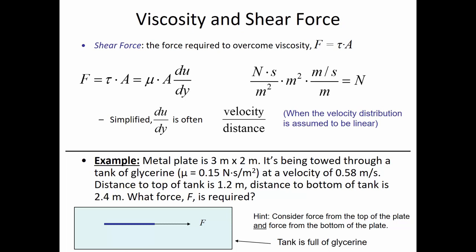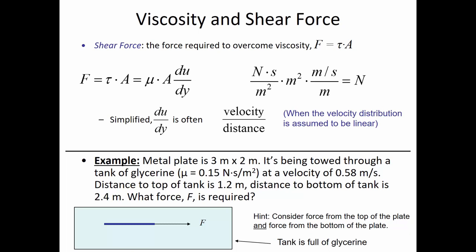The viscosity of the glycerin we're given is 0.15 Newton seconds per meter squared. And the dV is 0.58 meters per second. And the dy, from the plate to the top of the tank, is a distance of 1.2 meters.